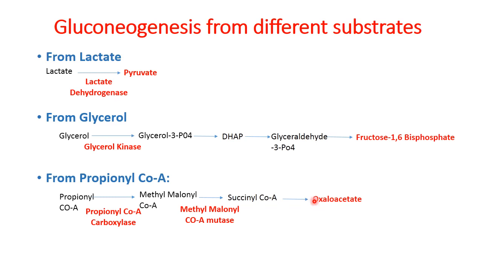Now this oxaloacetate will again get converted to phosphoenolpyruvate via malate, and the phosphoenolpyruvate carboxykinase enzyme will act on it. So this is how gluconeogenesis can take place from lactate, from glycerol, and from propionyl coenzyme A.